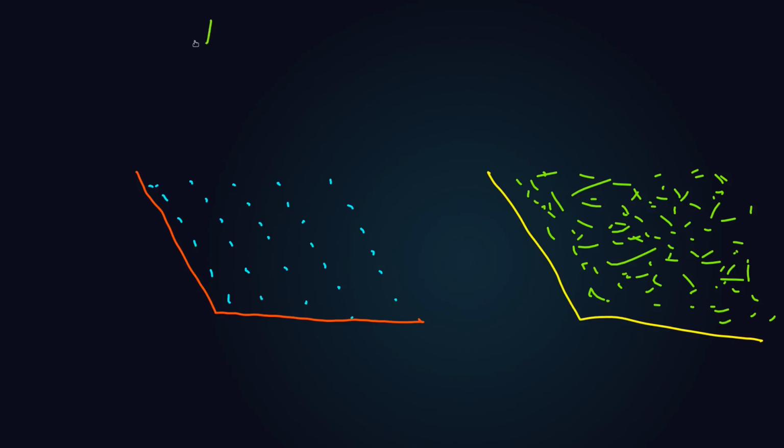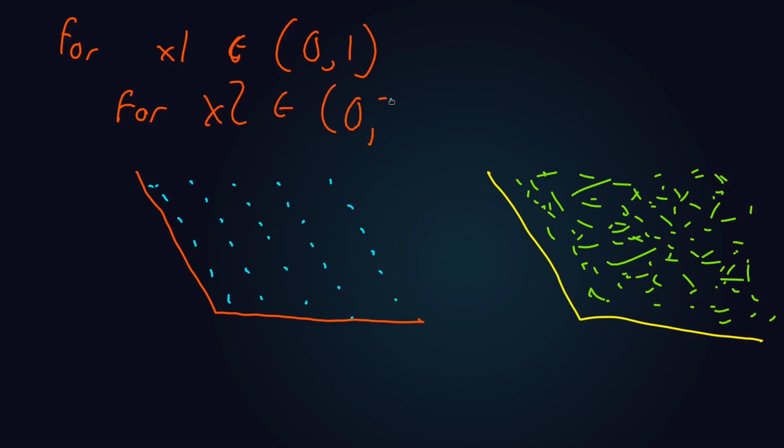So in this scheme, we might have a double for, right? And I'm going to kind of pseudocode this, right? So it's something like for x1 in 0 to 1, right? And then for x2, and this is obviously not real Python code, in 0 to 2, because we're going to see that in a minute, right?